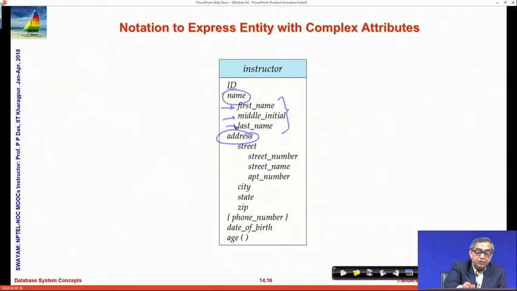So, these say that these are composites of name. This says that street, city, state, zip are composites of address, and further indentation says that these are composites of street. This is how we graphically show how complex attributes feature.